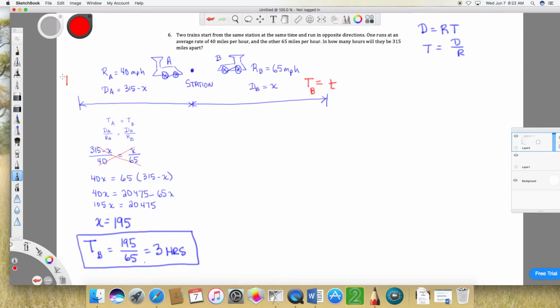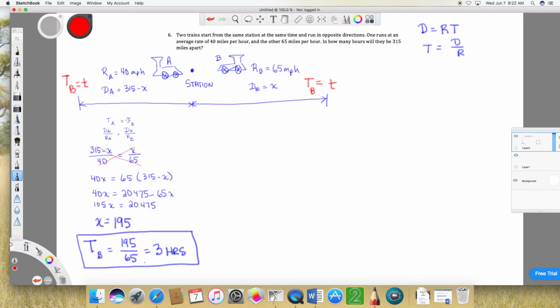Well, the time for train A is also t. We know that they've been traveling the same amount.